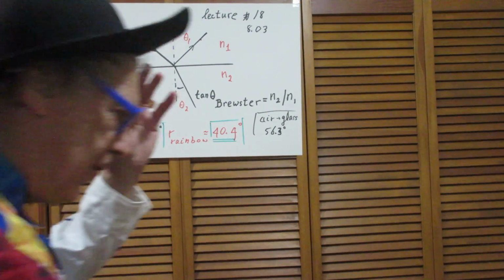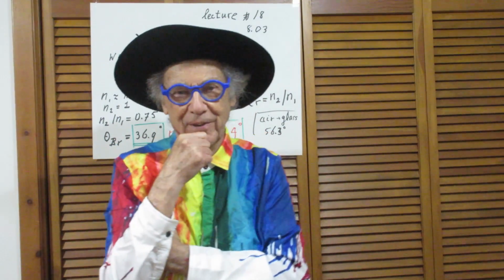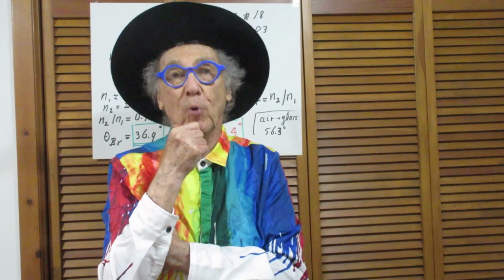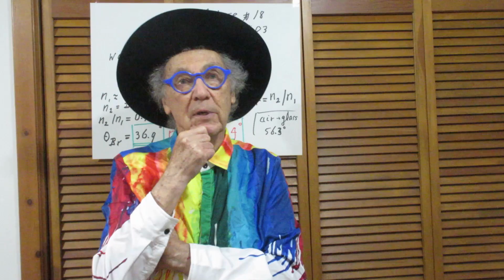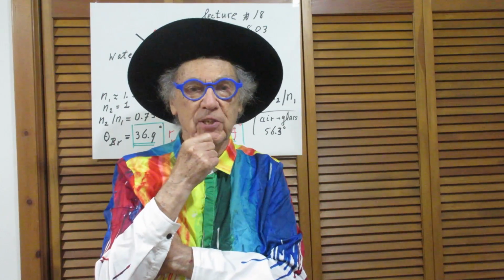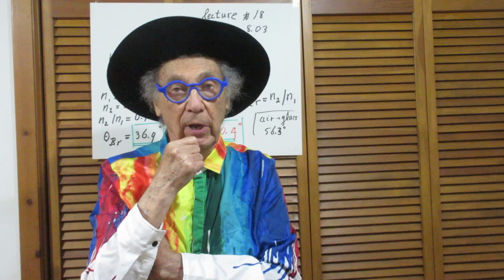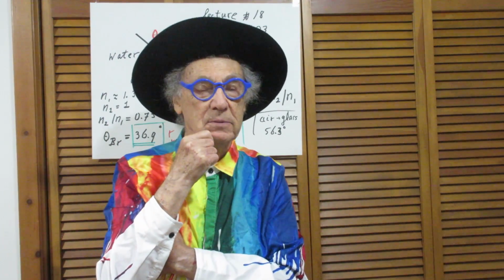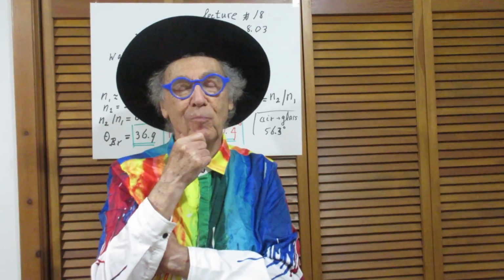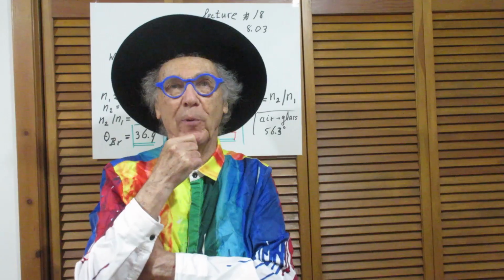All right, so now we will finish the solutions by discussing the Brewster angle, which I cover in great detail in lecture 18 of 8.03. It's a difficult lecture. You may not even want to attempt to follow it.